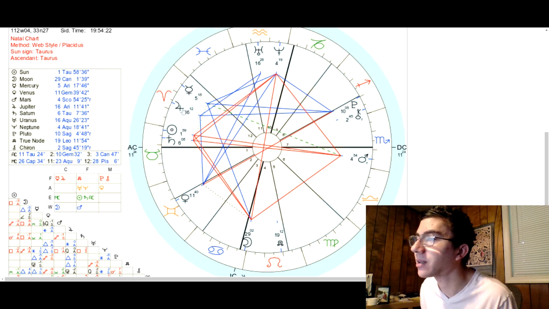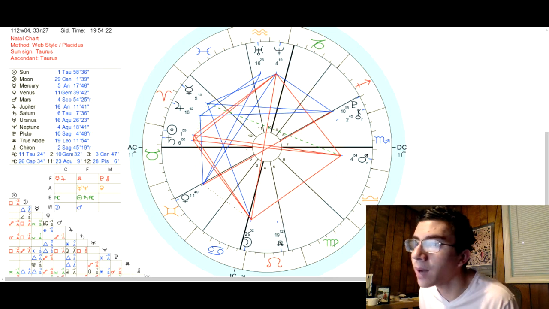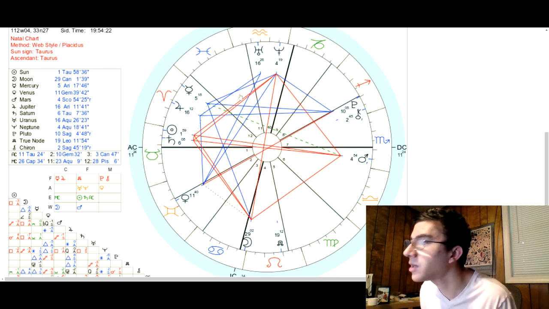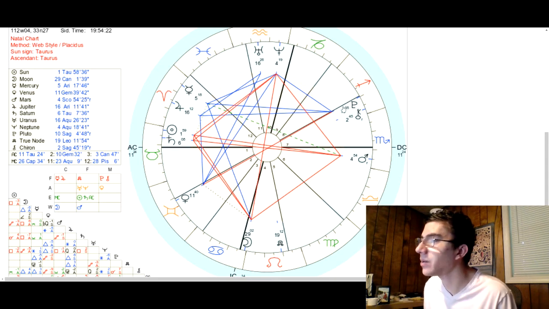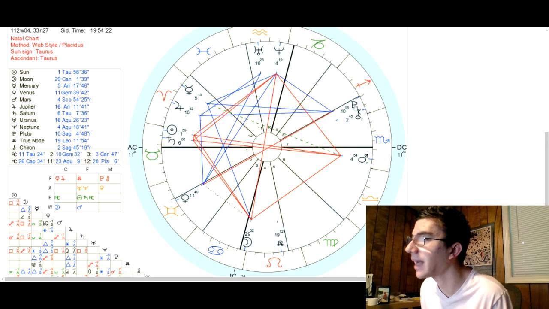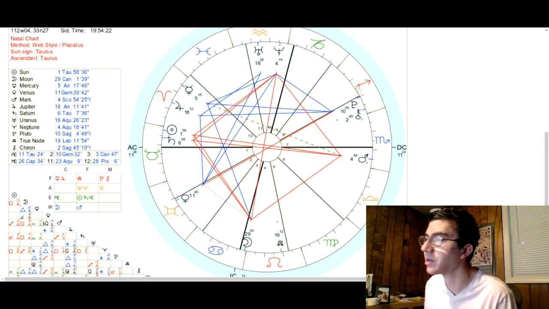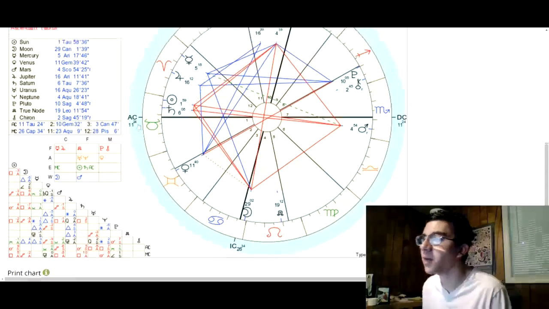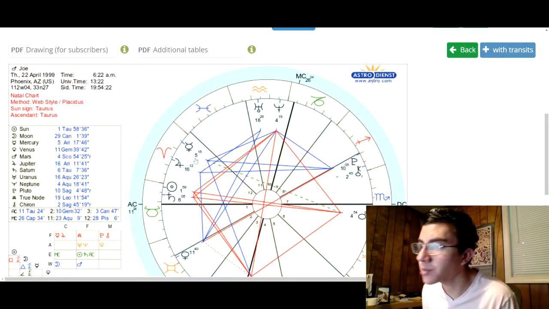For instance, let's say we have Jupiter here in Aries, and then Pluto in Sagittarius. Looking at where they are here, and this is just a generic chart example.